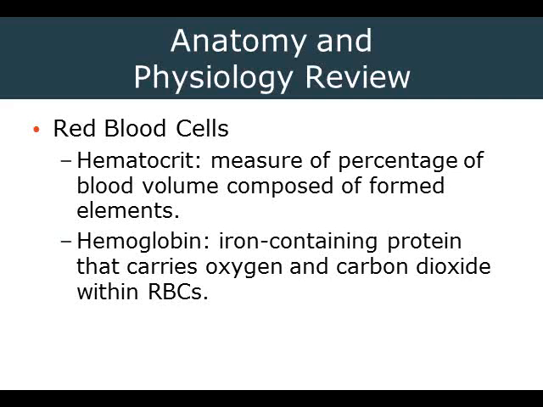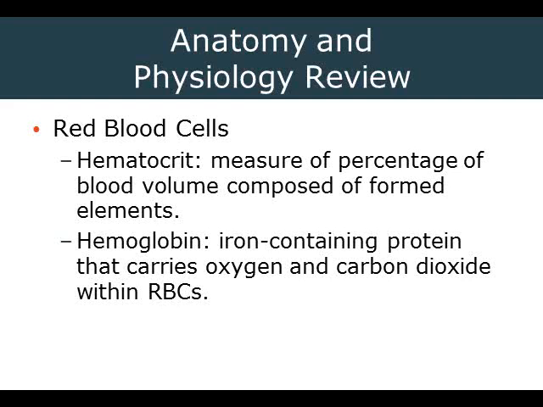Or we could have a normal or even high level of red cells, however they're iron deficient red cells, or let's say sickle cells that can't carry oxygen well. Even though the number of red cells, or the percentage, the hematocrit, is normal, the hemoglobin may be very low, so they're still anemic.